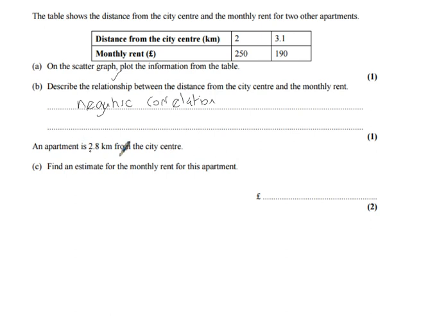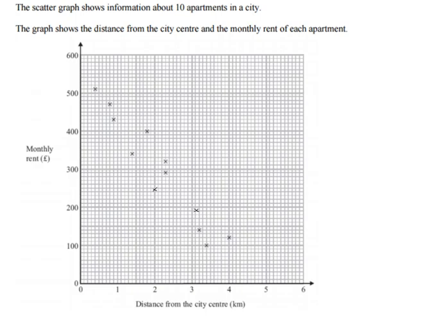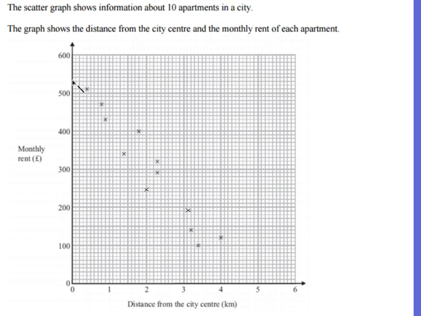An apartment is 2.8 kilometres from the city centre. Find an estimate for the monthly rent. Again, we need to draw a line of best fit. I'm going to have mine something like that. Should be fine. So the line is there.